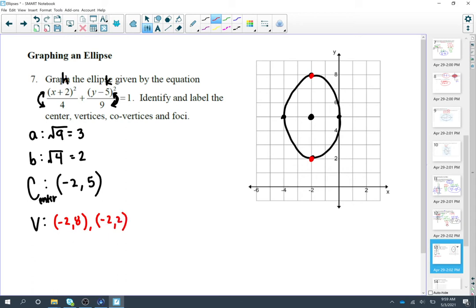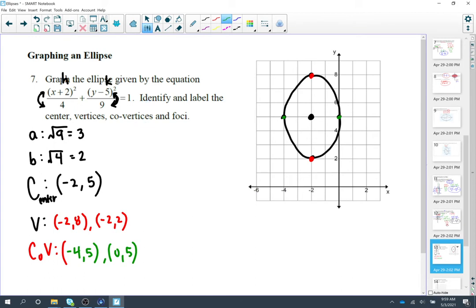We also have to label our co-vertices. Co-vertices are off of here and here. So our first one is at -4, 5 and 0, 5.